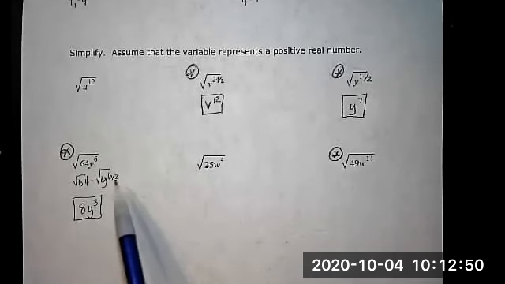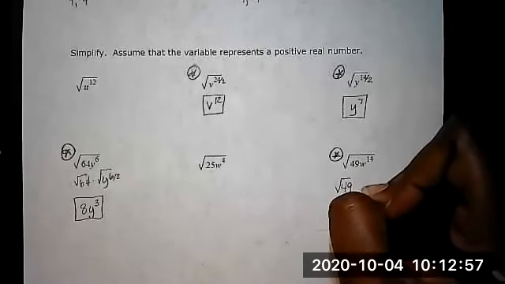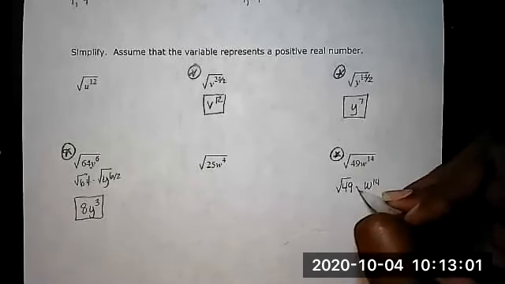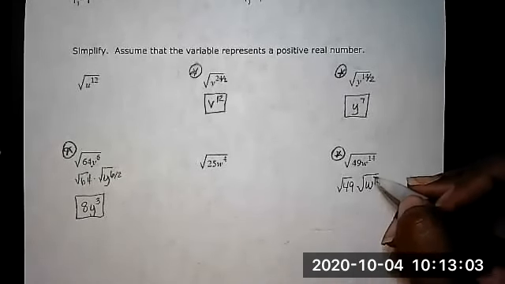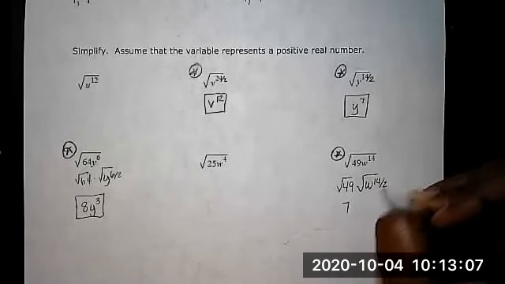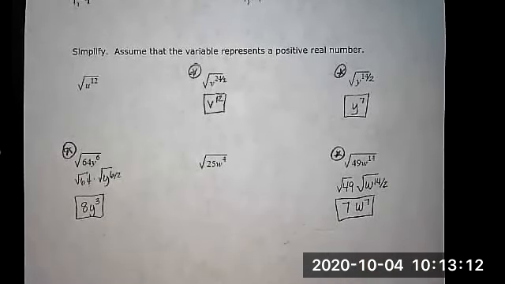That's why that becomes 8. This, with the exponent, you just divide by the number. Okay, so if we had here, same thing, 49 here, w to the 14th is here. And then the square root of 49 is 7. You divide this by 2, w to the 7, and that's what you get there.